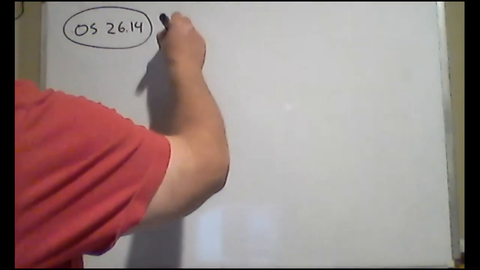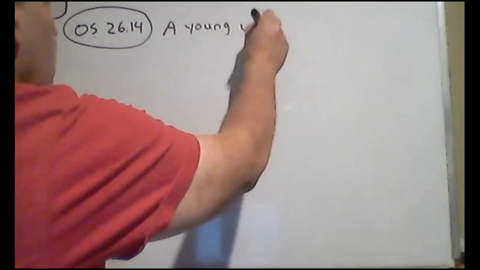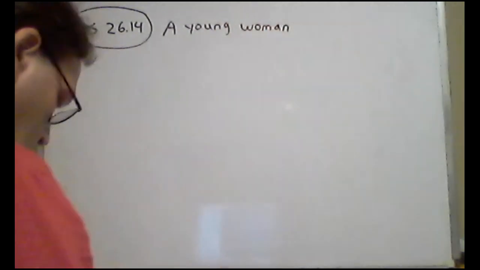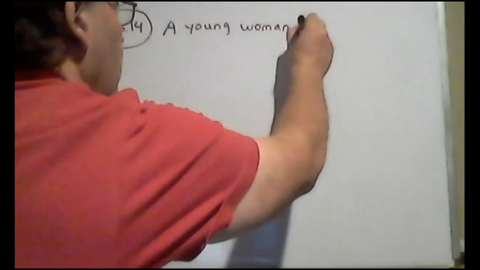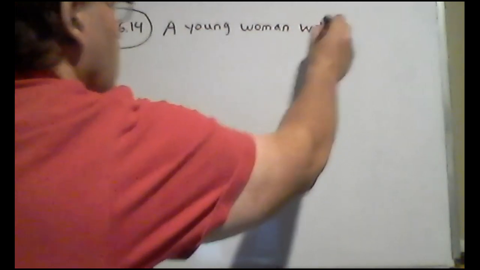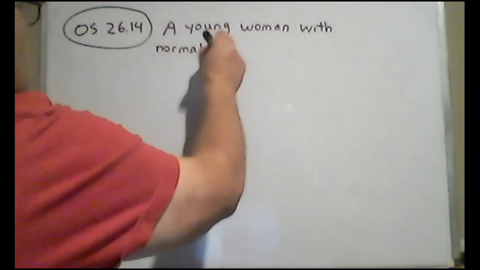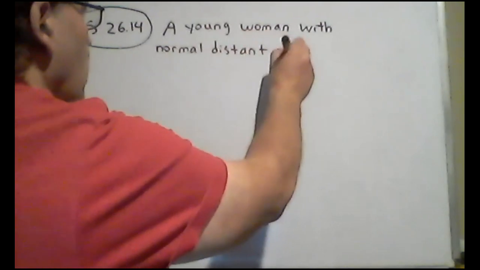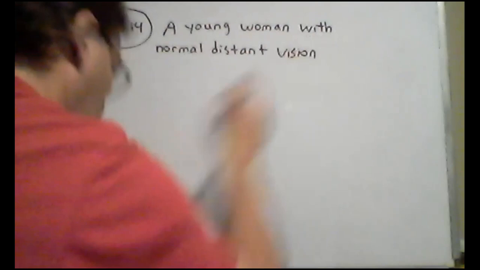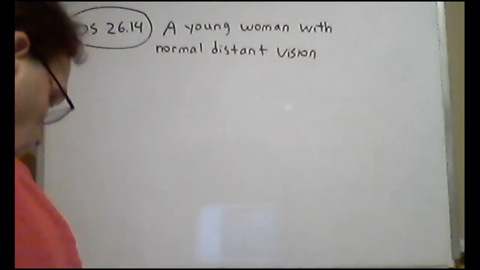A young woman with normal distant vision has a 10.0% ability to accommodate.